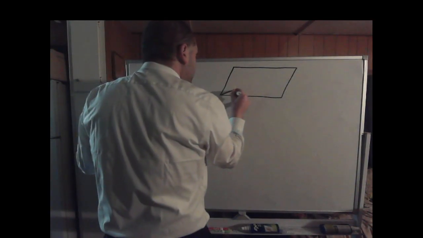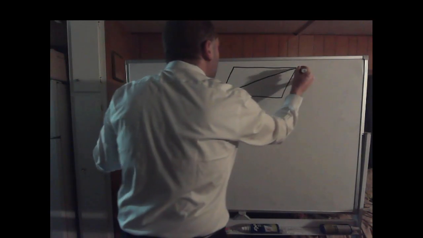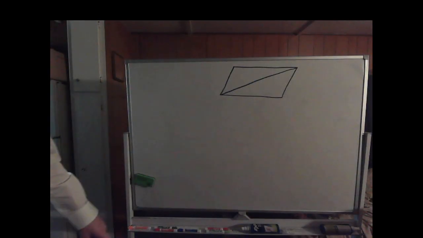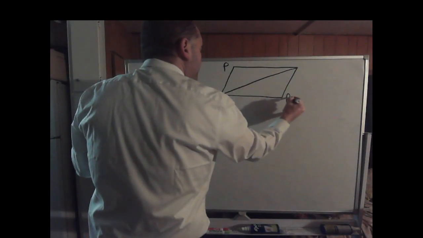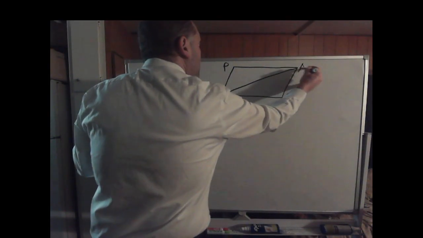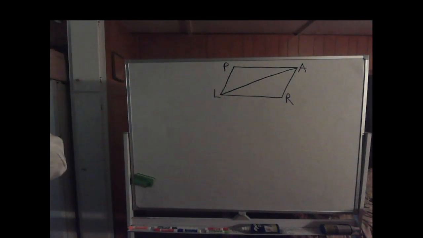There is a diagonal here, which will form two triangles. Got our vertices.